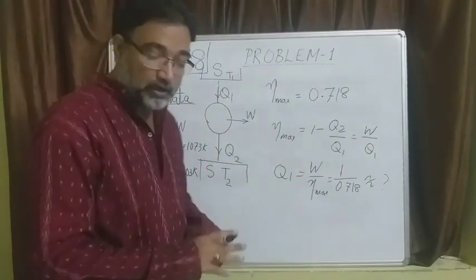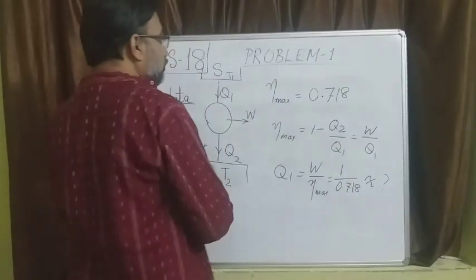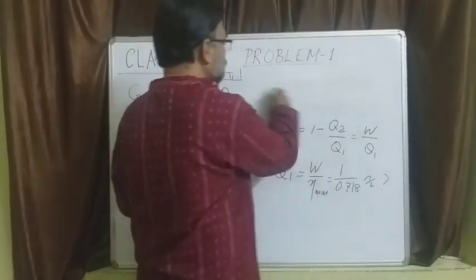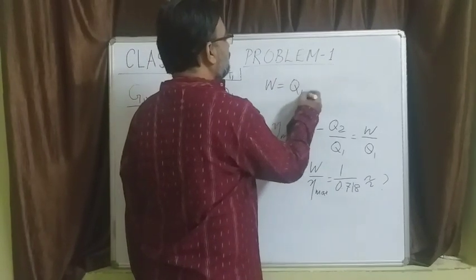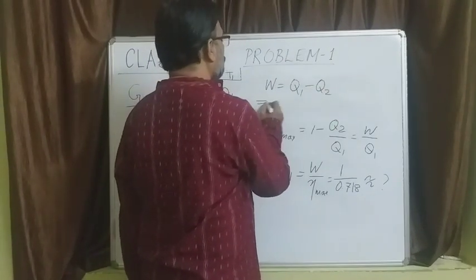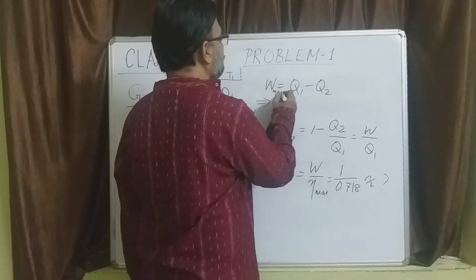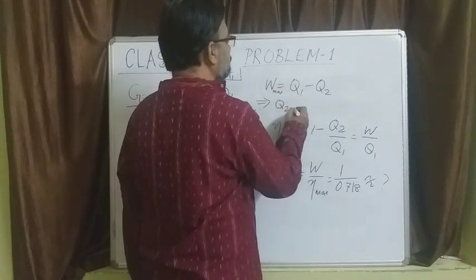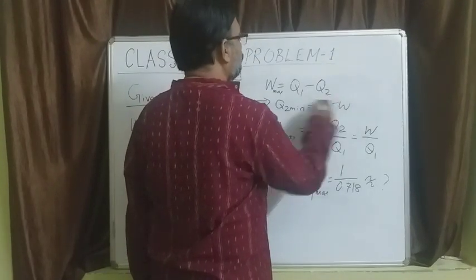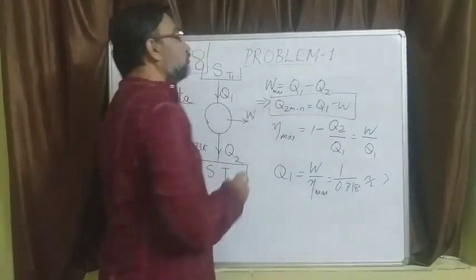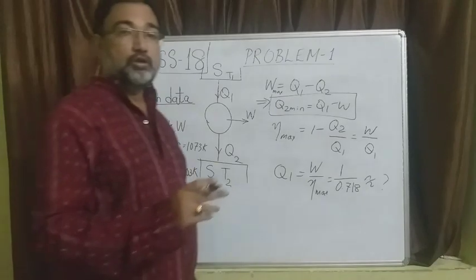Once you find out Q1, then finding Q2 is not a big deal because W is known to you. And what is W? W is nothing but Q1 minus Q2. So, when W is maximum, then Q2 is minimum, and Q2 min will be equal to Q1 minus W. So, from this you can find out the value of Q2.